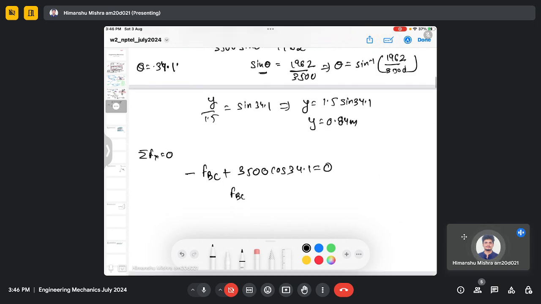So force BC will be 2898 Newton, which is roughly equal to 2.9 kilonewton. So this is my unknown force BC.